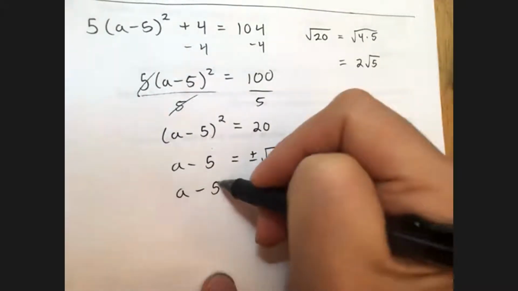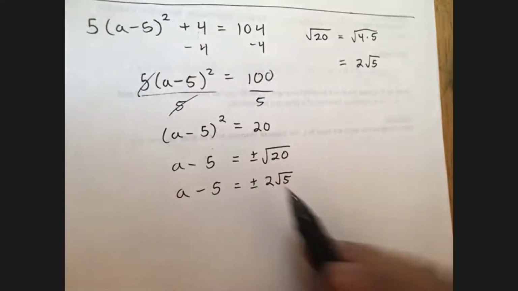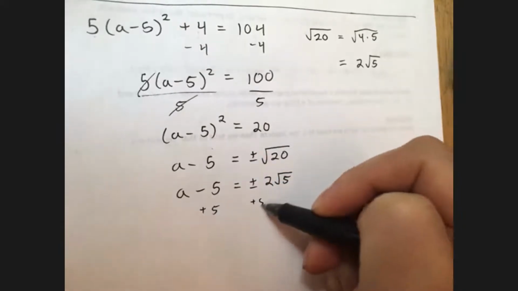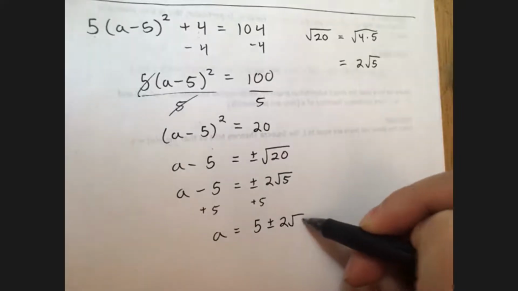And what do we do next? We were solving for a, so we got to get rid of the minus 5, so I'll add 5 to both sides. A equals 5 plus or minus 2 root 5.